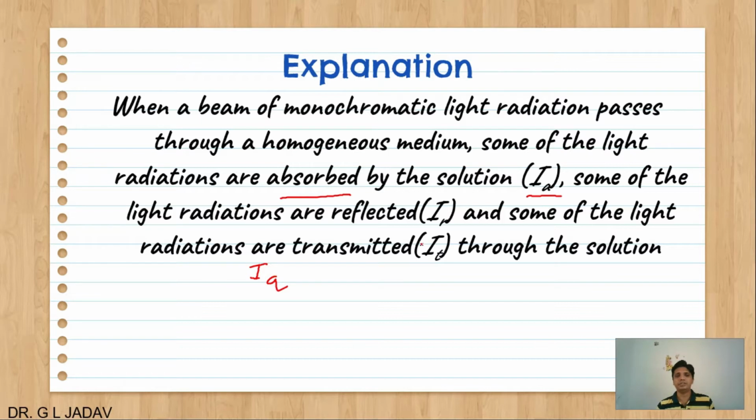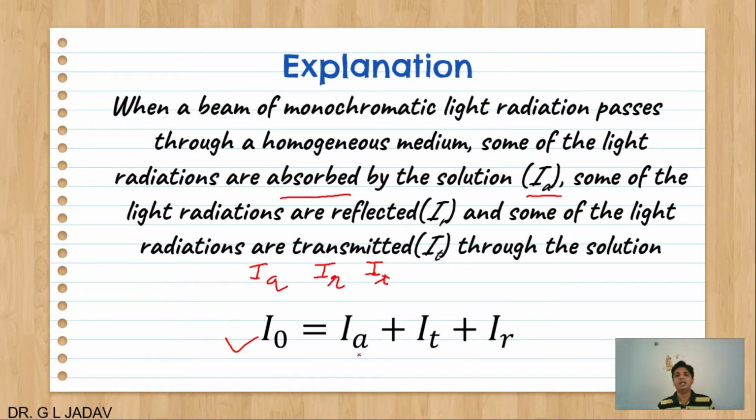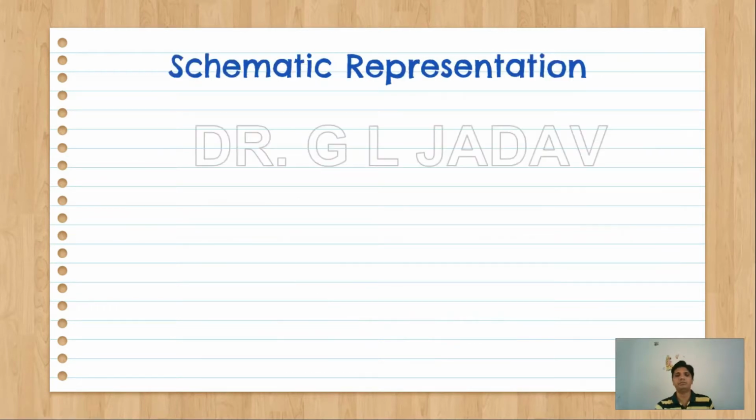Some of the radiation is reflected, denoted by IR, while some of the light is transmitted through the solution, denoted by IT. Thus, the incident radiation I0 is the sum of absorbed light, transmitted light and reflected light. This is the basic law Grotthuss-Draper gave.